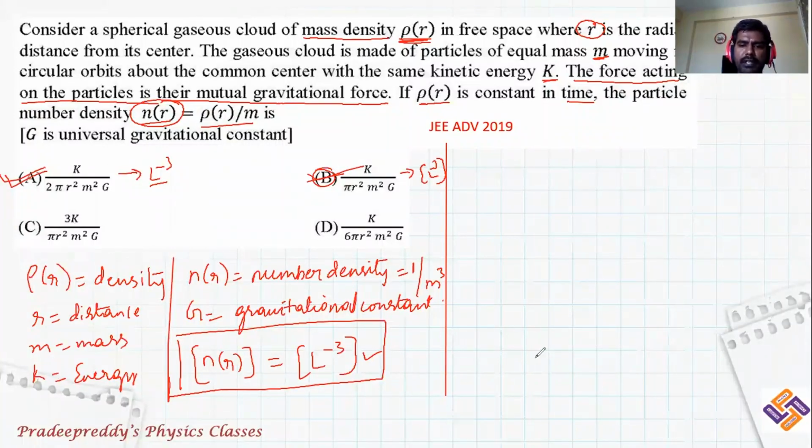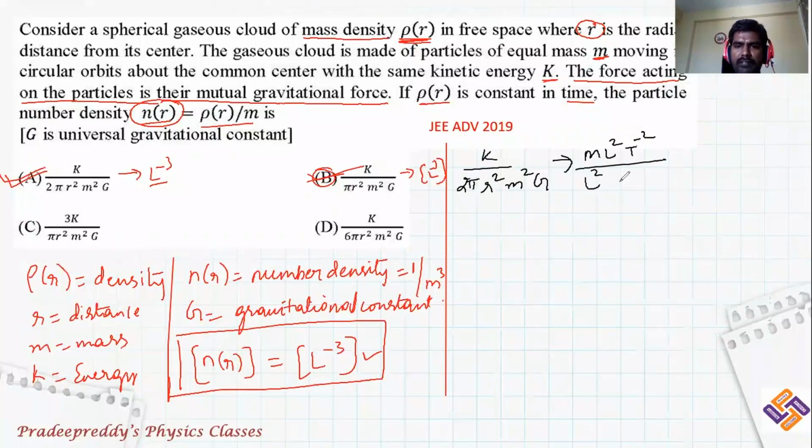First, let me take option A. It has K divided by 2 pi R square m square into G. I'll write down the dimensions. What is K? Energy, M L square T power minus 2. 2 pi is a constant. R is length, so length square. M is mass, so m square. G is the gravitational constant. What is the dimension of the gravitational constant?